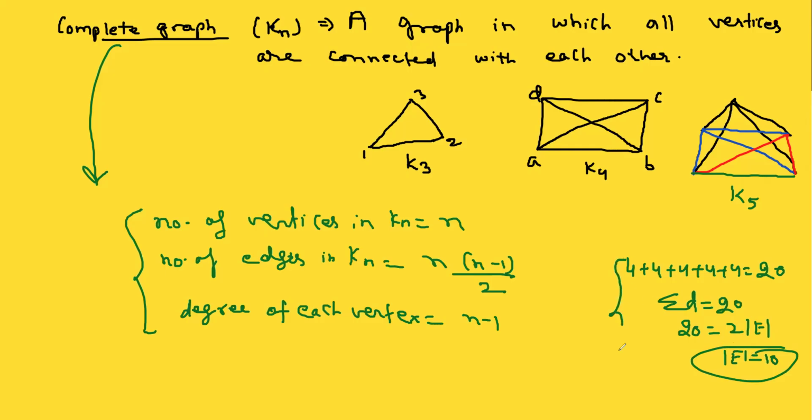Understood? In any way you can do it. If I ask you for the complete graph K9, how many edges? 36. Very good. And the degree of each vertex will be 8, because 9 vertices are there. So note this.